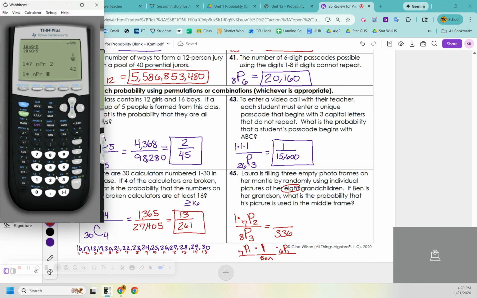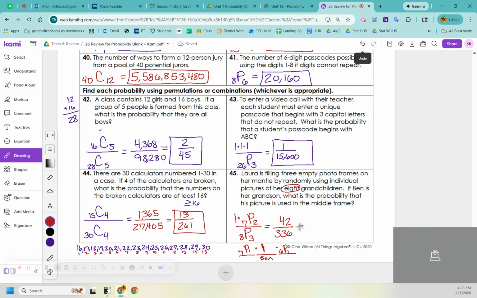We have 7. We need to pick 1 to go on the left. And now we're down to 6, and we need to pick one to go on the right of Ben's picture, which is also 42. This just looks way more complicated than, you already know where 1 is, we just need to choose the other 2. But it is 42. However you want to get there is 1 out of 8. Okay, so that's topic 5 and topic 6.